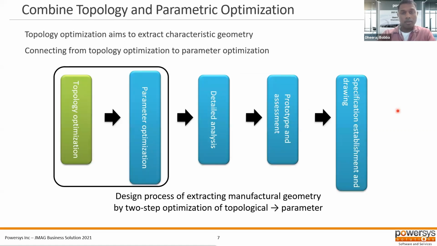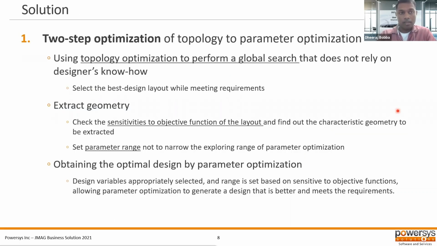So here, what we're trying to do is combine these two optimizations. Both parametric and topology optimization have some advantages and disadvantages. So we can combine those and try to extract a better output by using the entire optimization process. This is what we're calling a two-step optimization process.